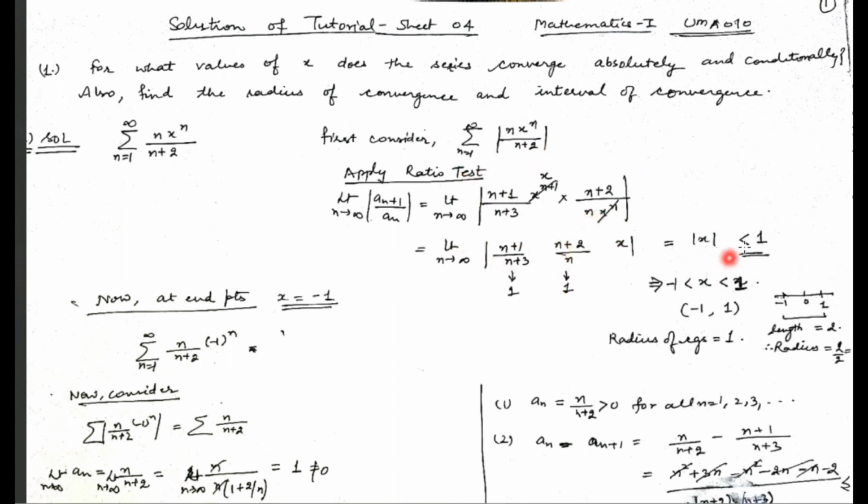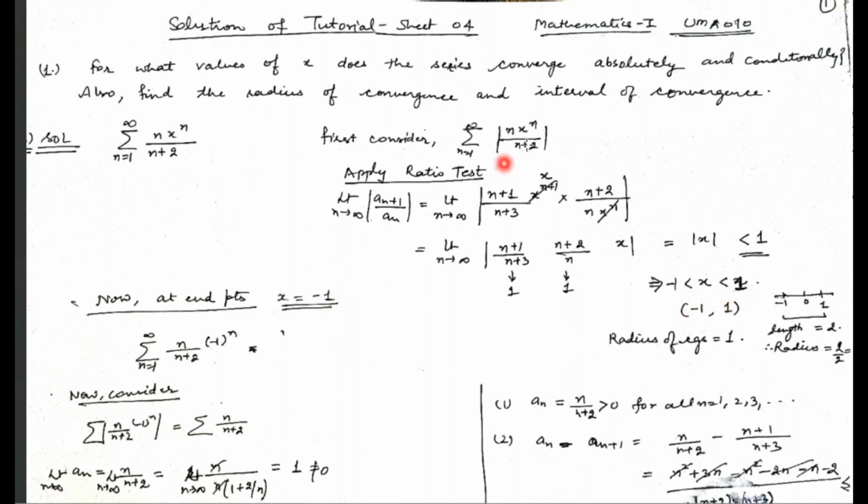When the limit is less than 1, we get some values of x for which this holds. That gives an interval of absolute convergence. But we don't know what happens when the limit is exactly 1, that means at the endpoints of this interval. So we have to check the behavior of the series at the endpoints.